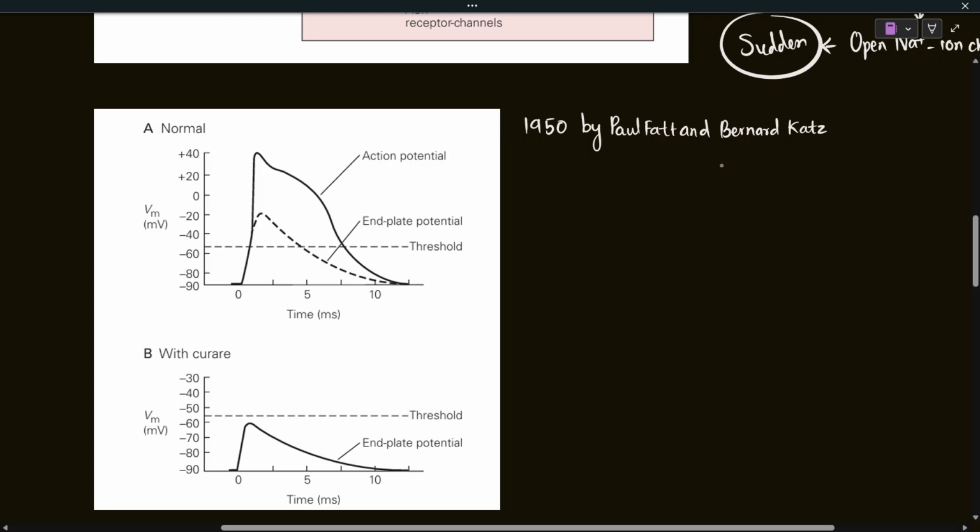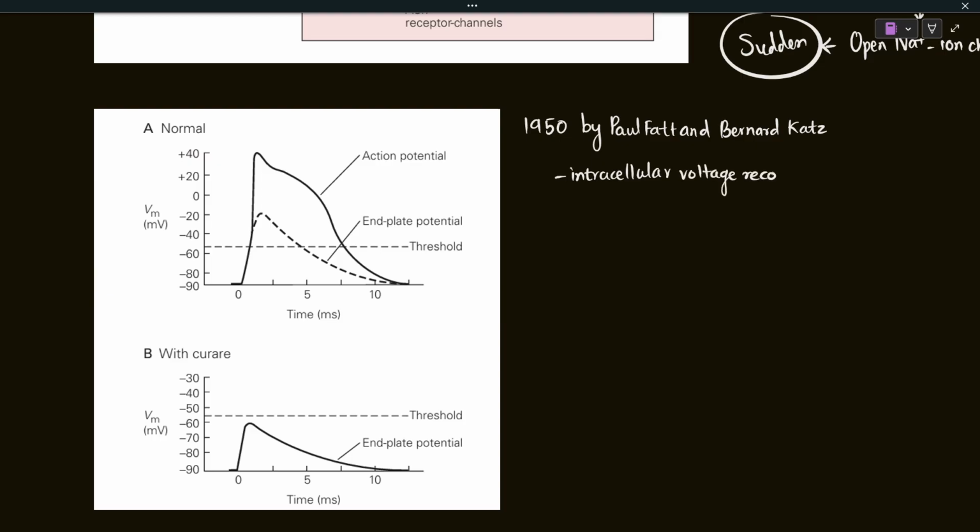Both of them studied this end plate potential using intracellular voltage recordings. We already know that introducing electrodes into the muscle fiber is quite easy, and that helps the experimentation. So they used intracellular voltage recording, and they used a drug known as curare.